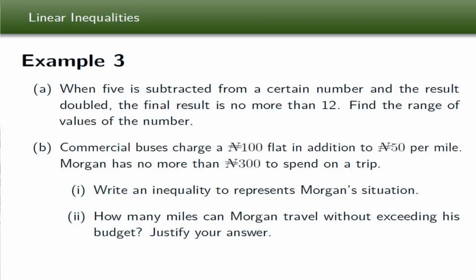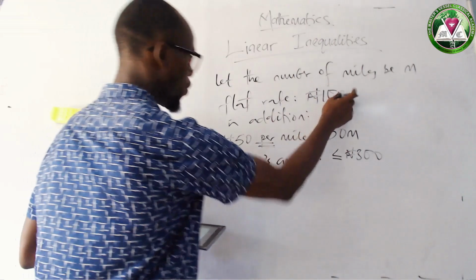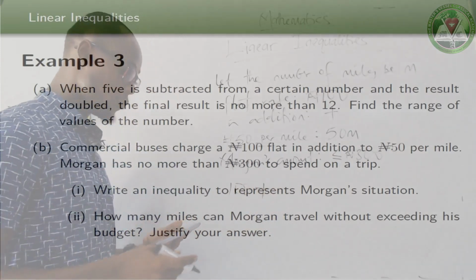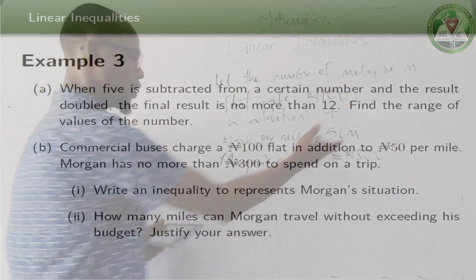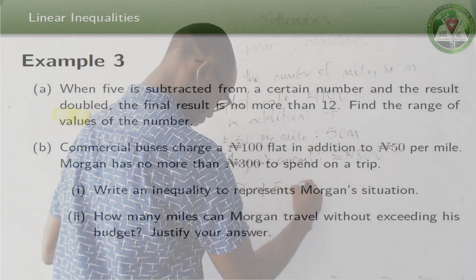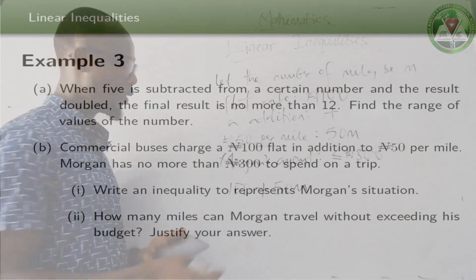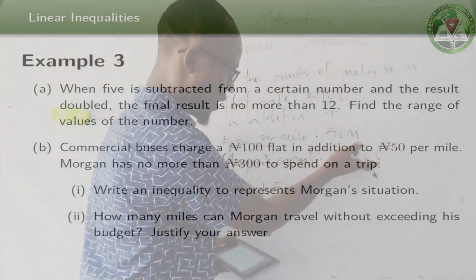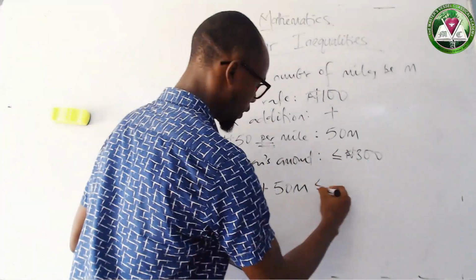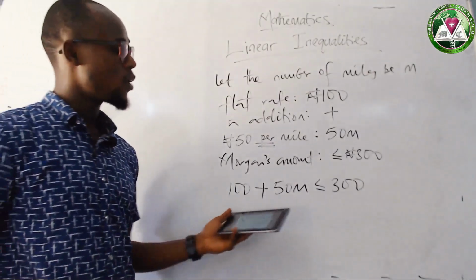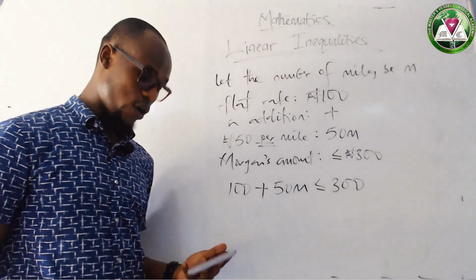From the question which says commercial buses charge 100 naira flat in addition to 50 naira, we have 100 plus, in addition to 50 naira per mile, which is 50m. And Morgan has no more than 300 naira to spend, which we have as less than or equal to 300 naira. So this is the inequality that represents the above question.